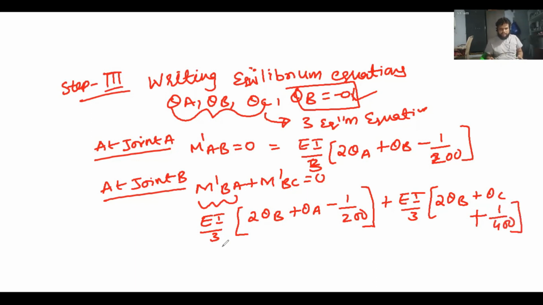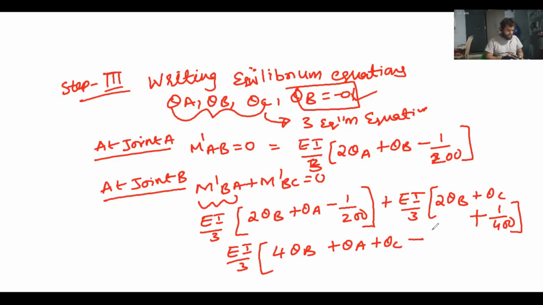So if you solve this, take EI by 3 as common. So 2 theta B plus 2 theta B is 4 theta B plus theta A plus theta C, minus 1 by 200 plus 1 by 400.